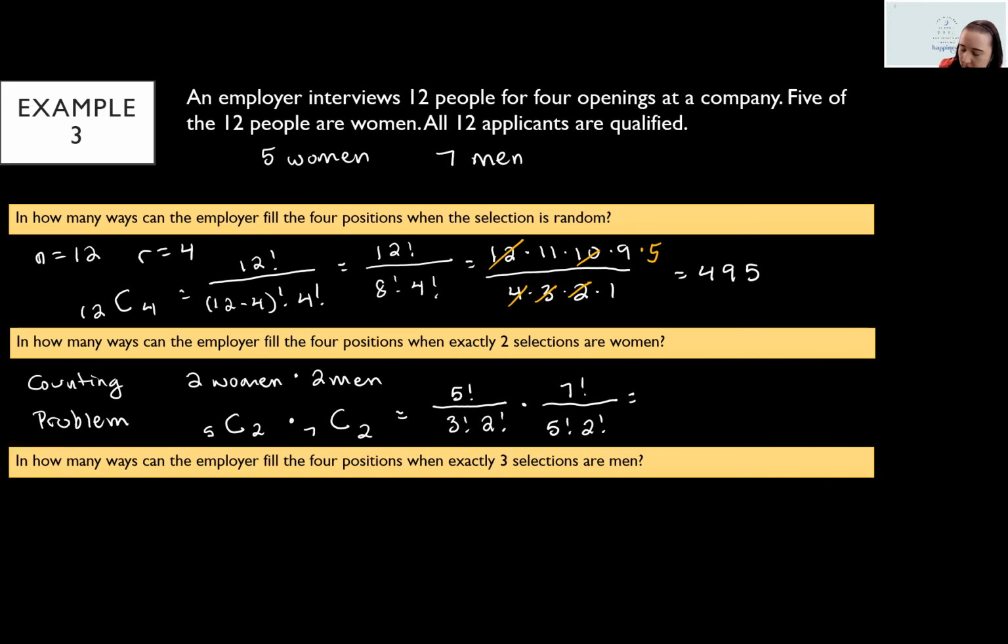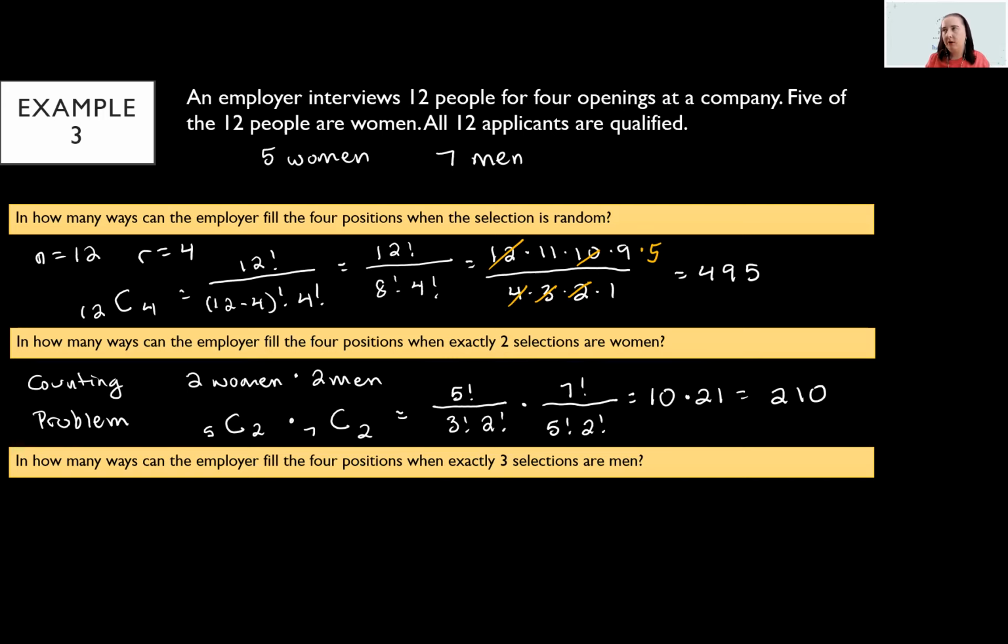And so this, I'm going to just use my calculator to do this for me, just because I don't have a lot of space here. So I've got 5 choose 2, which is 10, and then 7 choose 2 is 21. And so we have 210 ways.